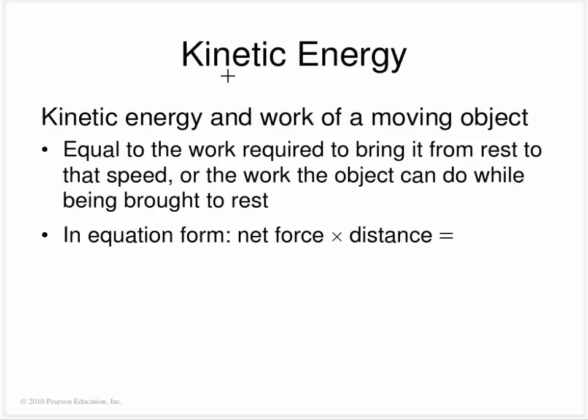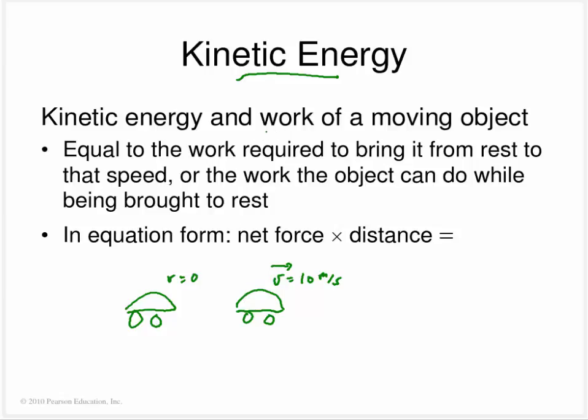Now, how does an object gain kinetic energy? Let's think about your car sitting at a stoplight. It's got a speed equal to 0, and then you stomp on the gas pedal, and at some later time you've got a speed of maybe 10 meters per second. Then we can say we had to do some work.